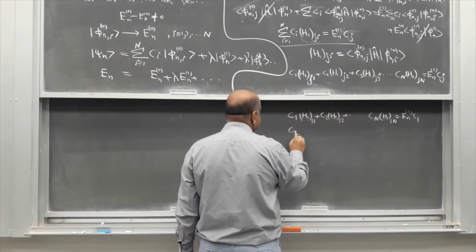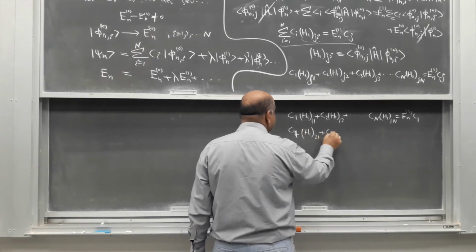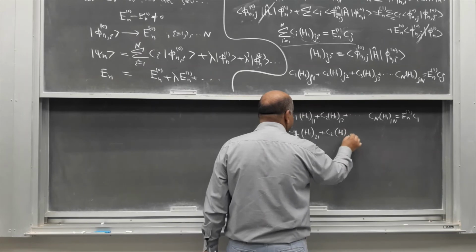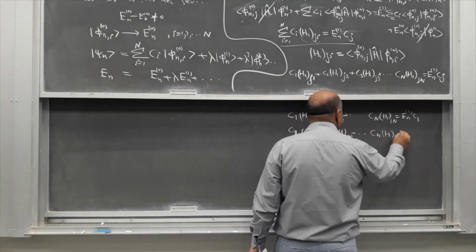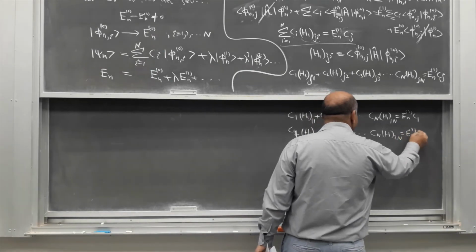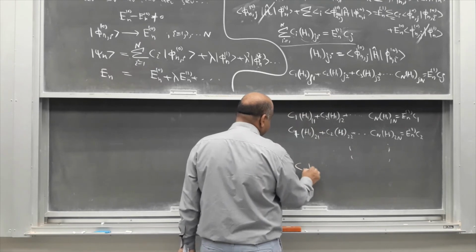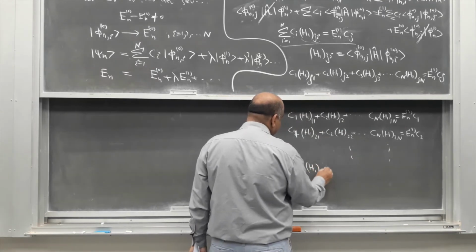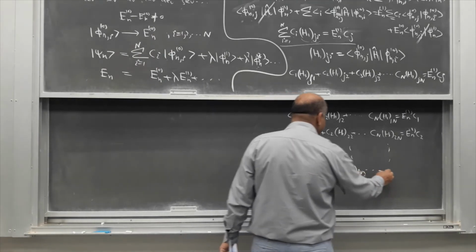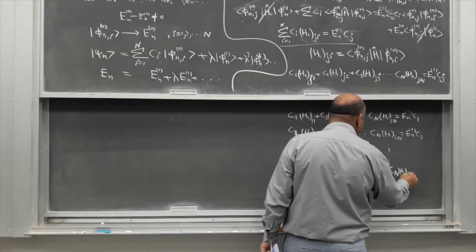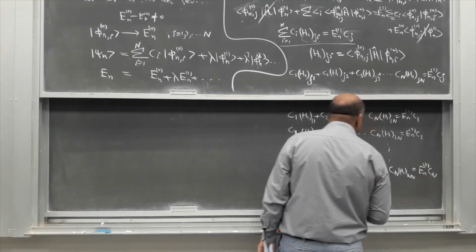Similarly, for j equal to 2, I have C1 H1_21 plus C2 H1_22, up to Cn H1_2n, equals En1 C2. And we have n equations; the last would be C1 H1_n1 plus C2 H1_n2, up to Cn H1_nn, equals En1 Cn.